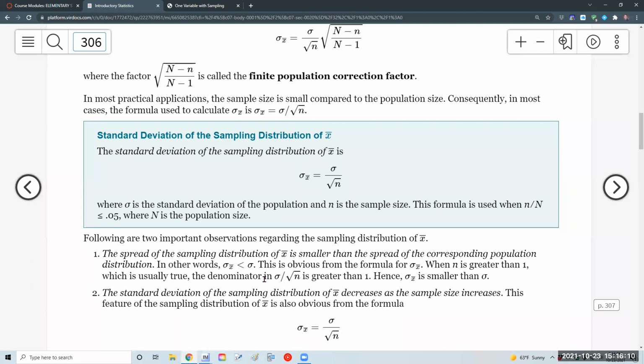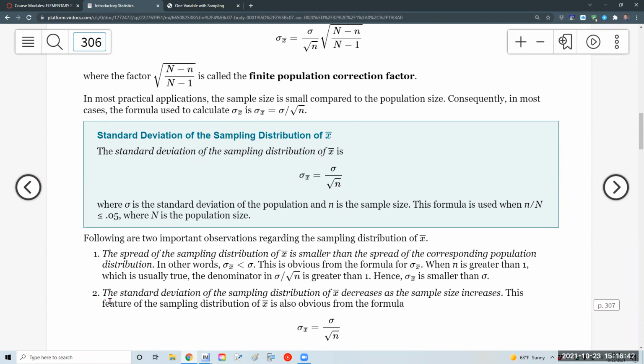You can also see this from the formula for sigma sub x bar. These two numbers aren't going to be equal. When the value of n, the sample size, is greater than 1, which is usually true, then the denominator in sigma divided by square root n is greater than 1, which overall will make sigma over that number smaller than sigma.